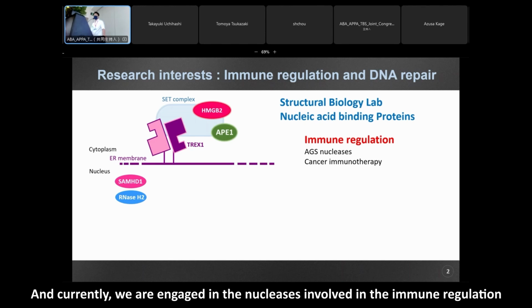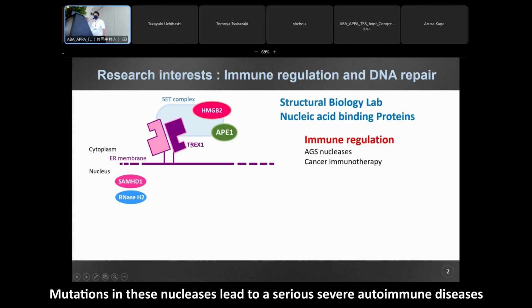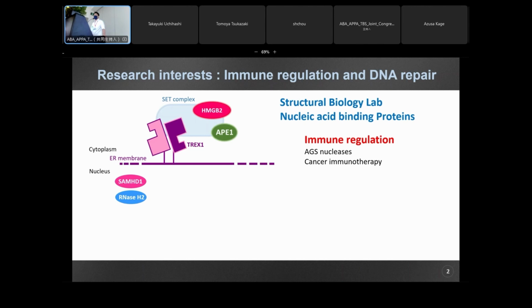Currently, we are engaged in the nucleases involved in immune regulation, such as SAMHD1, RNase H2, and TREX1. Mutations in those nucleases lead to severe autoimmune diseases. So we are very interested in how those nucleases are involved in innate immunity regulation. And we also want to know the relationship between those nucleases and autoimmune diseases.